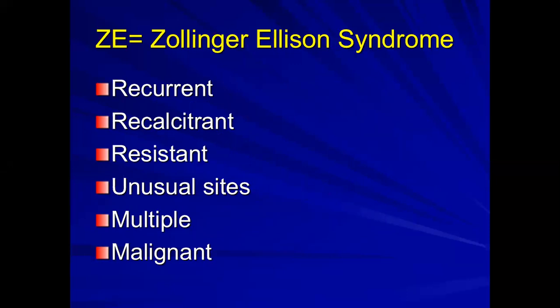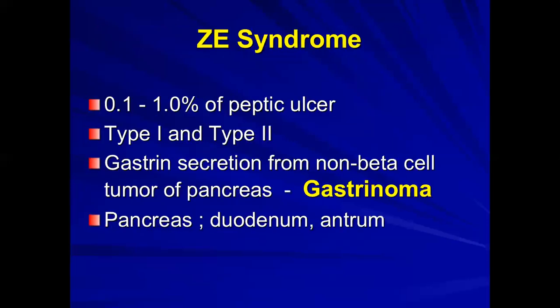Zollinger-Ellison syndrome is recurrent, recalcitrant, resistant, and usually occurs at unusual sites, beyond the first part of the duodenum. You can find ulcers beyond the first part of the duodenum. They are multiple, and sometimes they are malignant also. It affects 0.1 to 1% of peptic ulcer patients, type 1 and type 2.